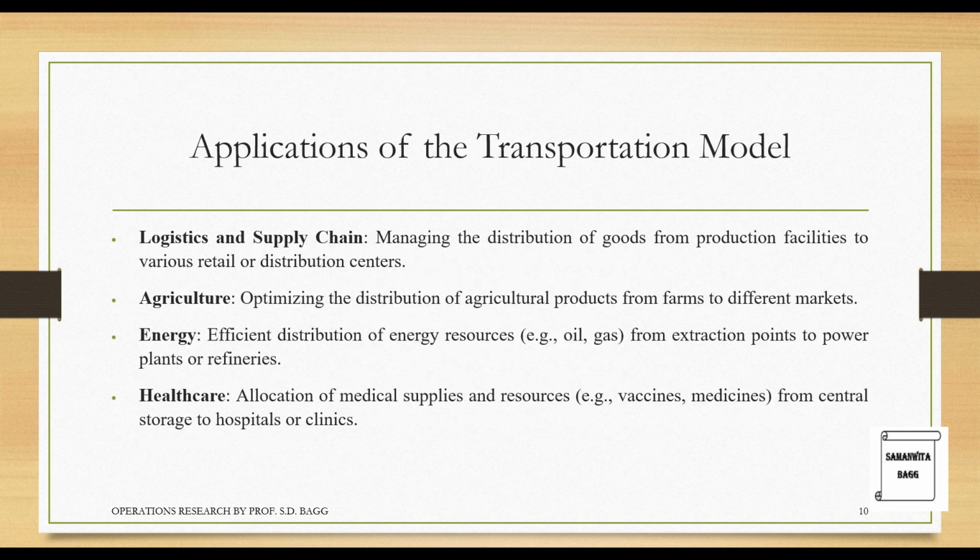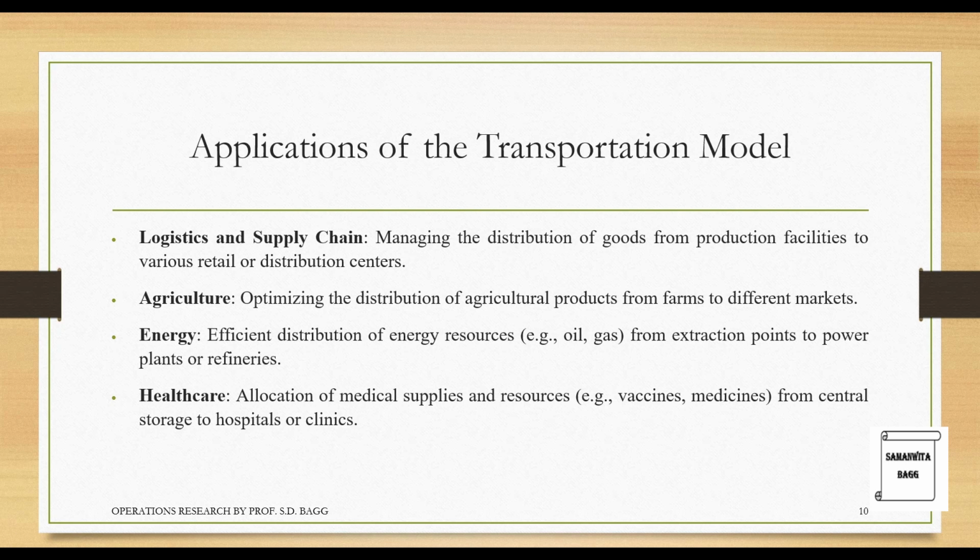Next, we'll talk about the applications of the transportation model. Logistics and supply chain: managing the distribution of goods from production facilities to various retail or distribution centers. Agriculture: optimizing the distribution of agricultural products from farms to different markets.